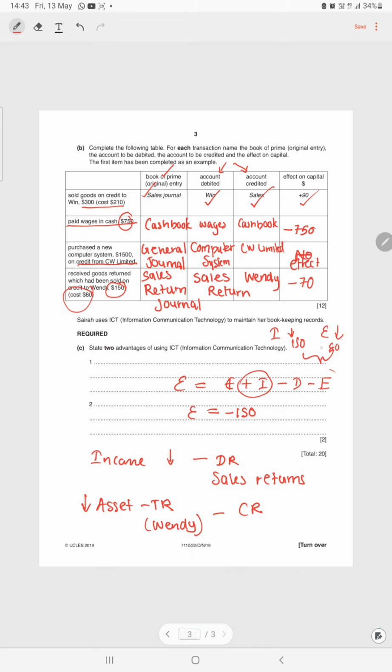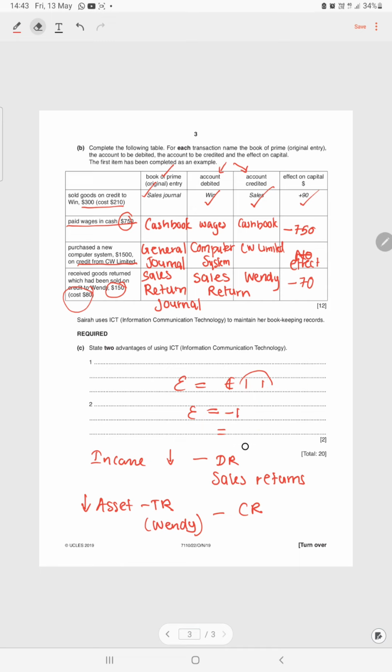Expenses have also decreased. If the amount you're deducting from equity decreases, that means equity increases. Income that decreases, you minus from equity. Expenses that increase, you have to deduct, and expenses that decrease, you have to add. So the net effect is minus 70. Equity has decreased by 70.